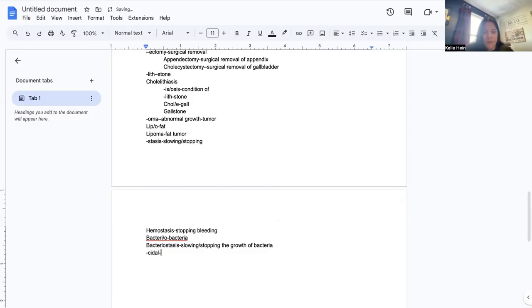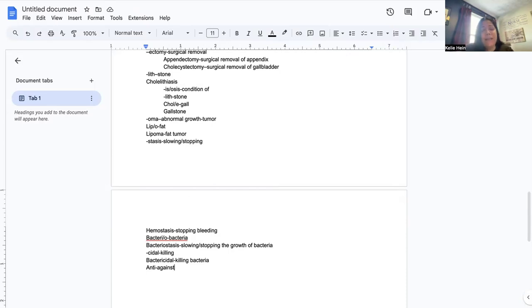Cidal, killing, bactericidal, killing bacteria. Okay. So what's bactericidal? Antibiotics, right? There's a good prefix, anti, against. Okay. Antibiotics would be against microbes, okay? Against that bacteria. You take an antibiotic to kill that bacteria, whatever it is, right?